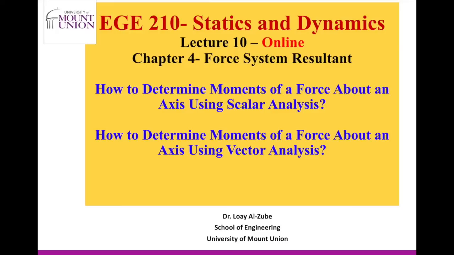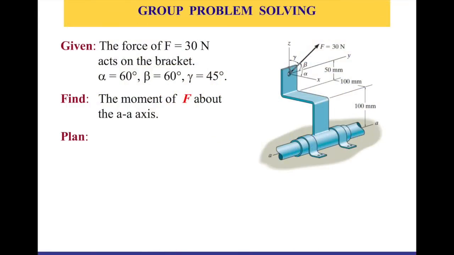So let's see how we can use the vector analysis to determine the moment created by a force about an axis. This is the problem that we are going to solve together. We have a force of 30 newtons as shown here, given in a three-dimensional space, and you are given the coordinate angles alpha, beta, and gamma to be able to write the force in Cartesian format.